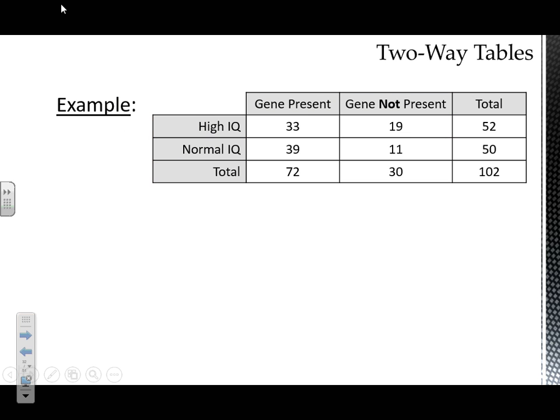Okay. Two-way tables. So another way we evaluate probabilities is based on information in what we call two-way tables. Two-way tables look a lot like contingency tables, stuff we talked about way back in chapter 1. So in a two-way table, we're evaluating two different variables.